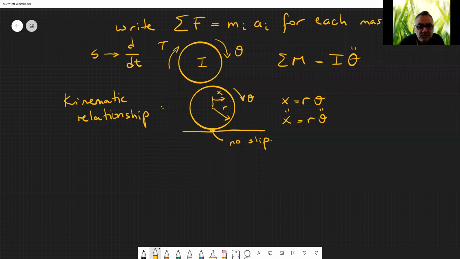The thing is, when there is no slip, for example, if you have a car going on the road, the no slip condition means that there is no energy loss because of friction. First of all, no slip requires friction.